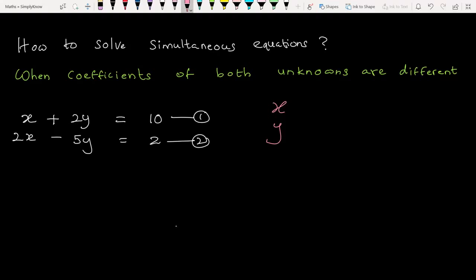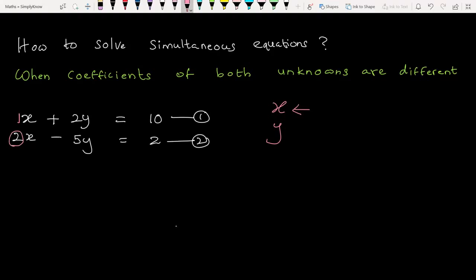So which unknown do you select to make its coefficients equal? Let's say I select x. Now I need to equate the coefficients of x in both equations. The coefficient of x in the first equation is 1. Then the coefficient of x in the second equation is 2.